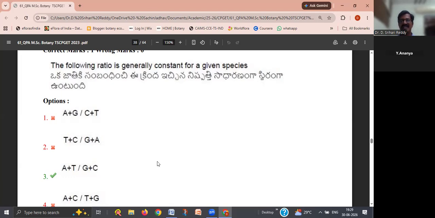Since DNA is double stranded, A always forms hydrogen bonds with T, and G always forms hydrogen bonds with C. That means A is a purine and T is a pyrimidine, and G is a purine, C, that means cytosine, is a pyrimidine. So as per the Chargaff rule, the number of purines is equal to the number of pyrimidines. That means A plus T equal to G plus C, the ratio. So this is the true statement.